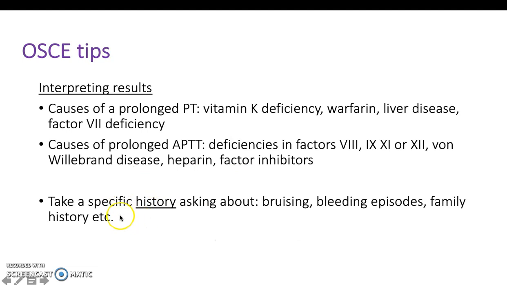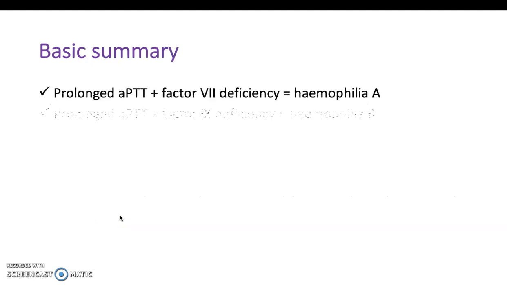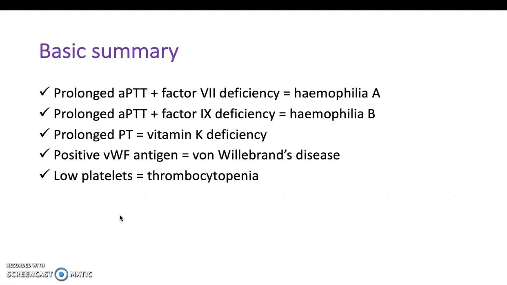You want to take a specific history as well, which is what we've just gone through. Here I've done a basic summary of everything, going through the investigation results you get and what you'd be thinking. I think it's quite helpful to break it down because it can be quite confusing.